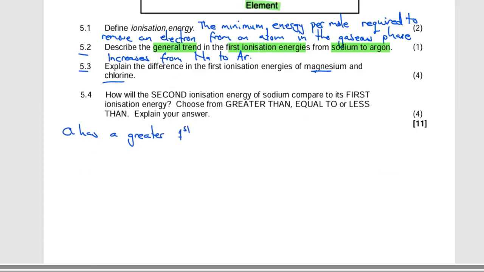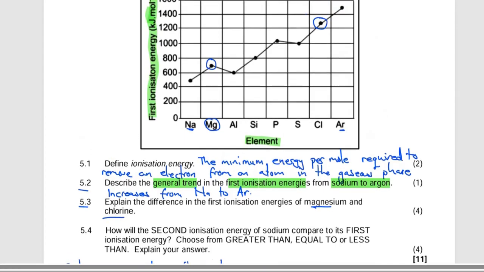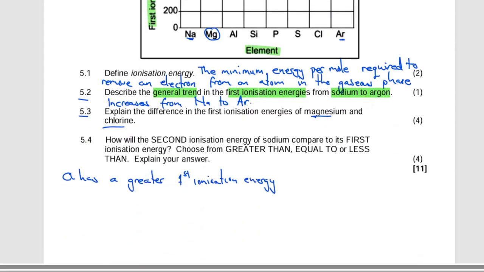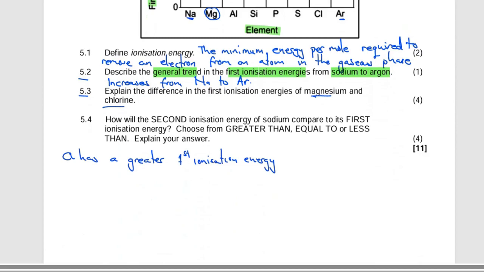You can see it's at the top, above 1,200. The one for magnesium is in between 600 and 800, so I can assume it's roughly around 700.